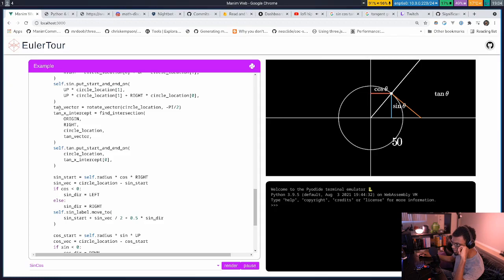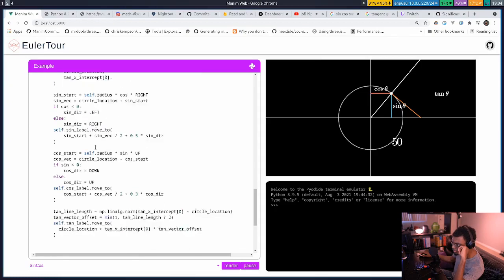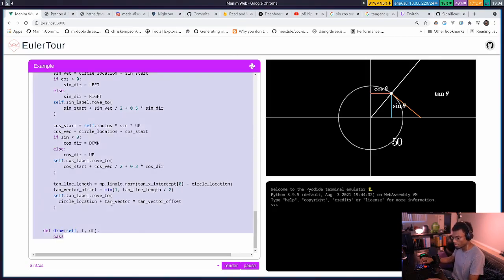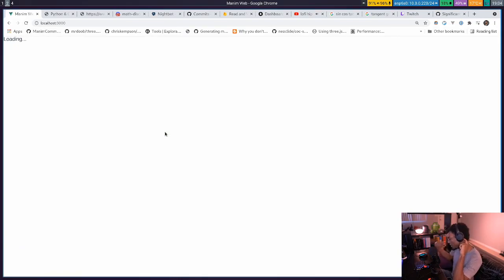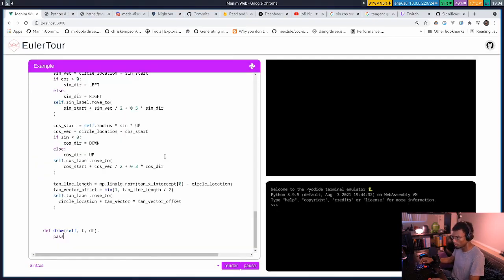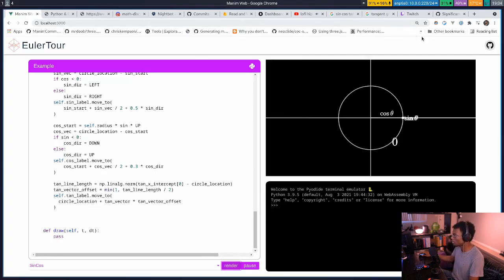Oh, I have the tangent vector right here. So that needs to be there. I'll restart this since each time I do this, I'm running multiple render loops, so that's slowing it down for no good reason. Okay. I'll paste that back in, render this.